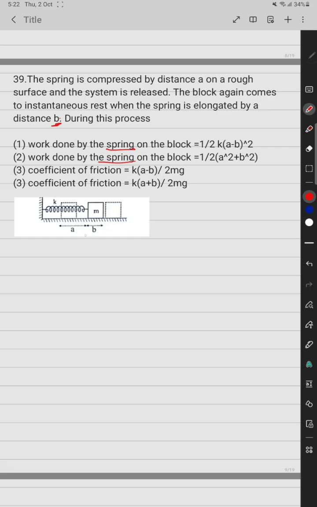Then we know it is compressed by a. So stored potential energy in the spring is half k a square. Half k a square is equal to the further, after compression the extension, that is half of k b square.